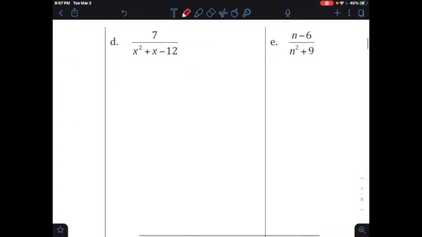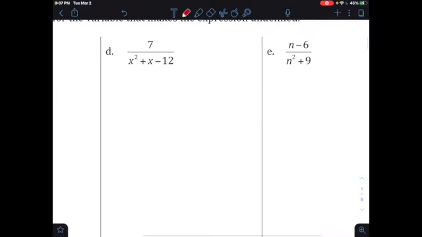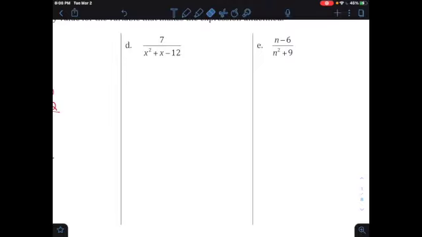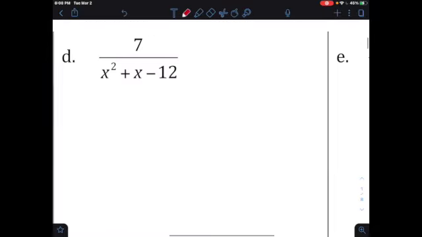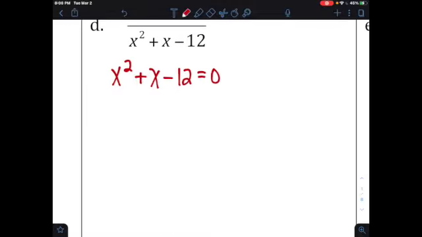Example 2D. If you remember, to solve x squared plus x minus 12, using the zero product property, we put x squared plus x minus 12 equals 0. Factors of 12 are 1 and 12, 2 and 6, 3 and 4.